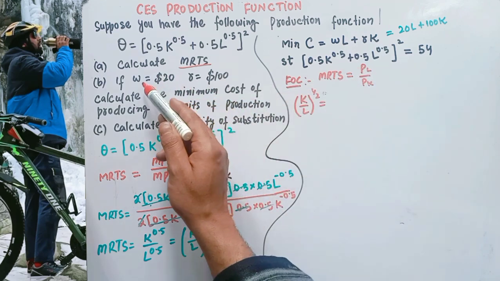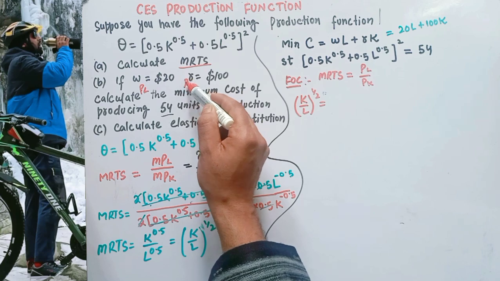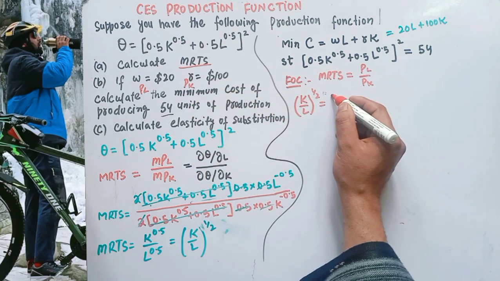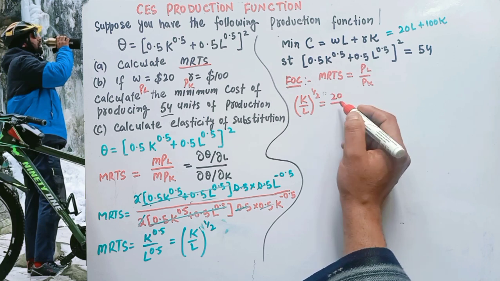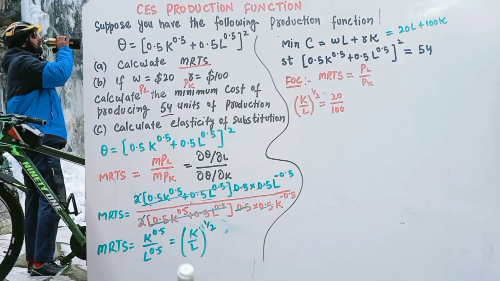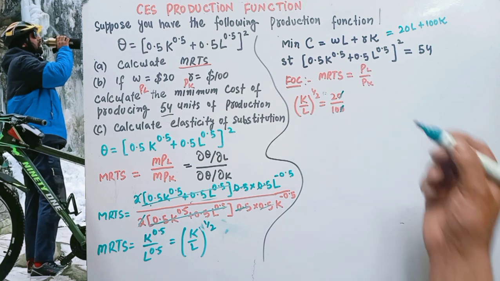The price of labor is denoted by the wage rate, and this is our price of capital. The price of labor is given as $20, so 20 upon 100. The 2 and 2 get cancelled, and we get 1 upon 5.